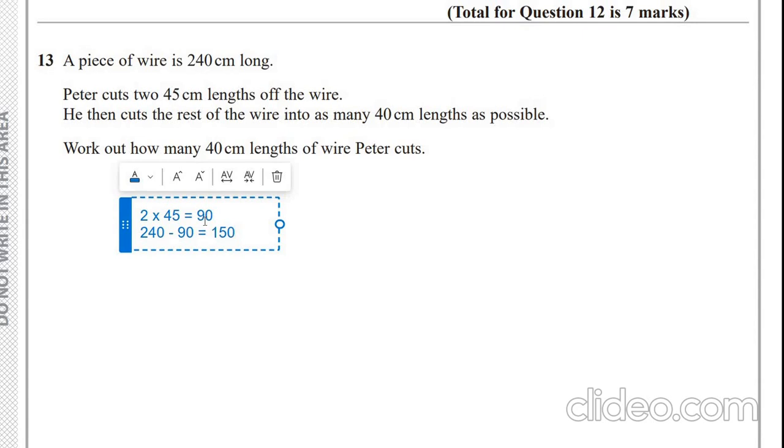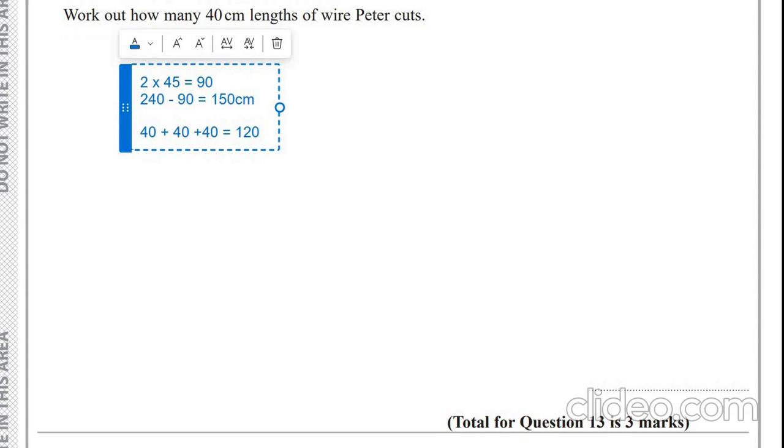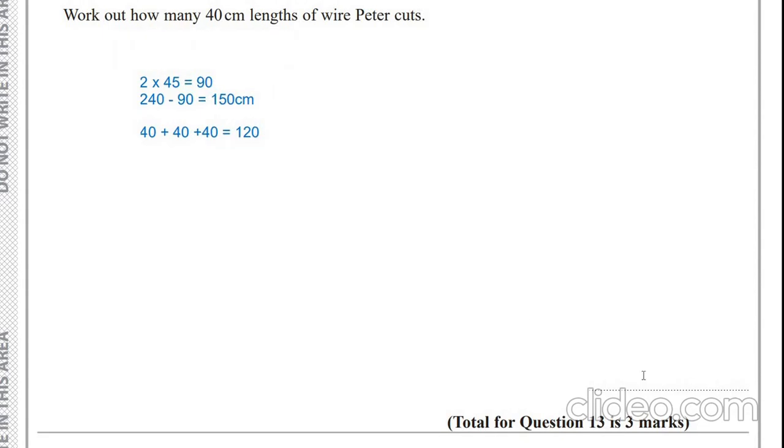So this much is left. And so 40 plus 40 plus 40 is 120. Well, that's about it. We don't have enough to make another 40. So the answer is 3.